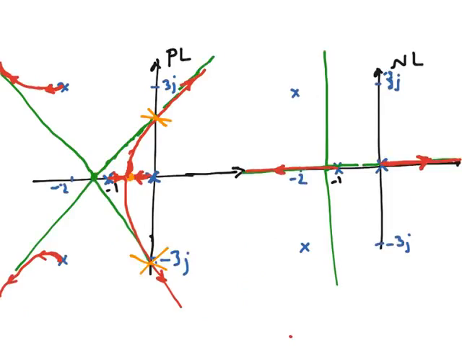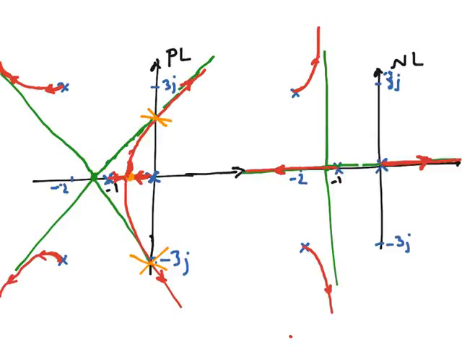So if I draw the branches here, we will have a branch departing this pole with the angle of 38 degrees going towards infinity, and here with the angle of -38 degrees going towards infinity, and this is all that we have.